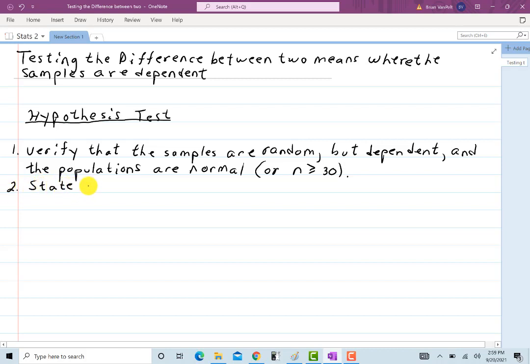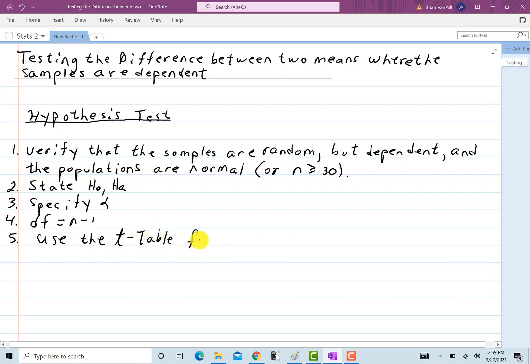State H0 and HA. Specify alpha. The degrees of freedom will be n minus 1. Use the T table for the critical values.